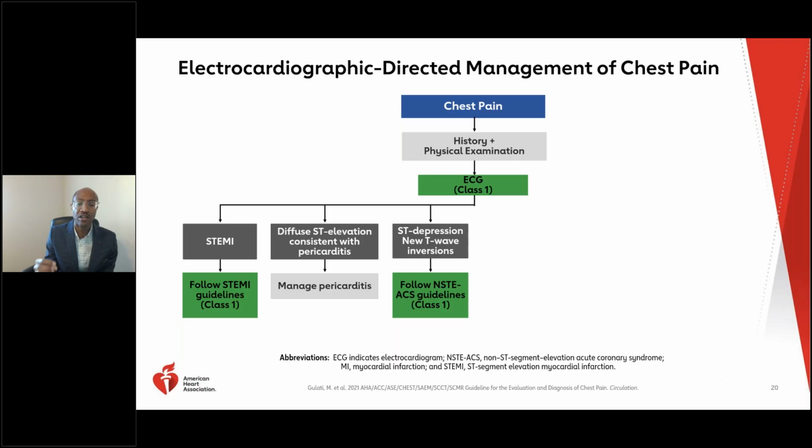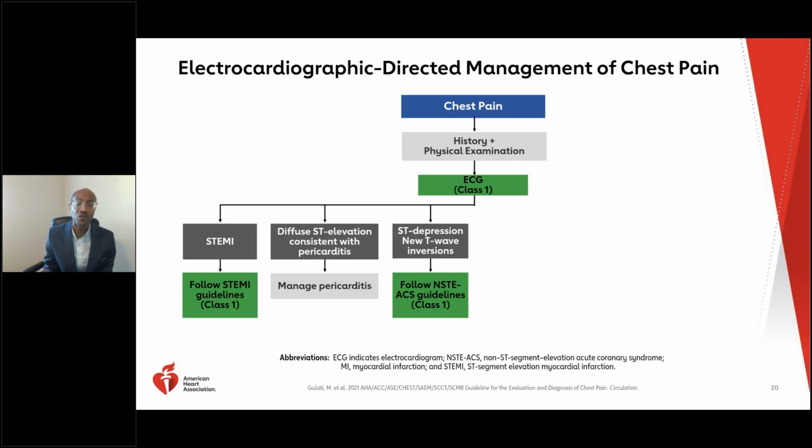The ECG can additionally identify ST segment depressions that are suggestive of ischemia or new T-wave inversions, particularly Wellens T-waves, which are classically described as large T-wave inversions in the anterior precordial leads, really suggestive of high-risk proximal LAD disease specifically.